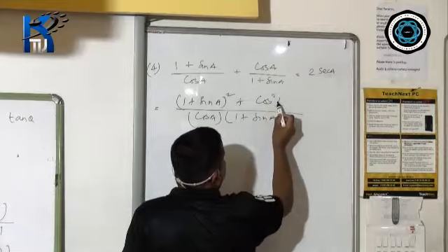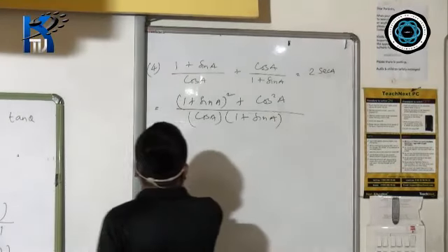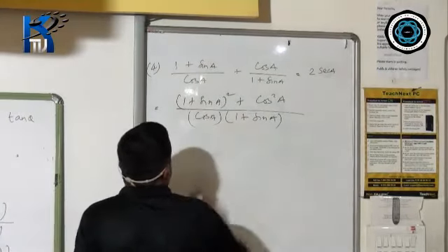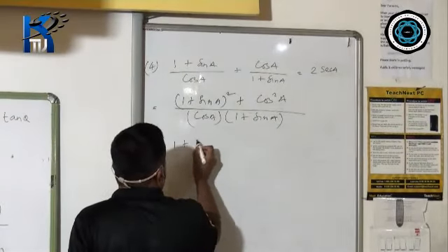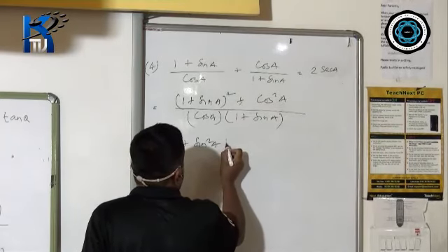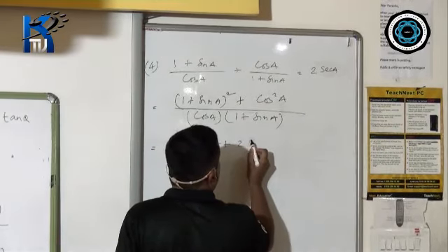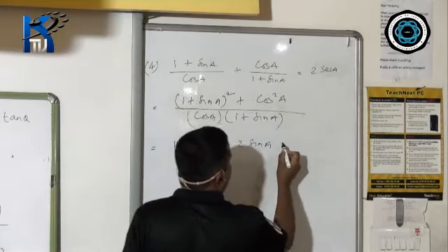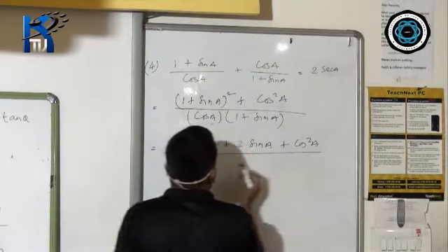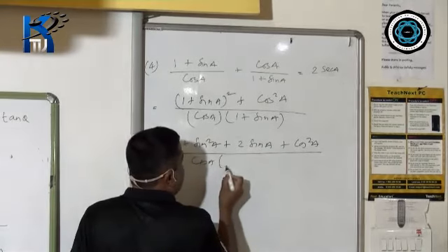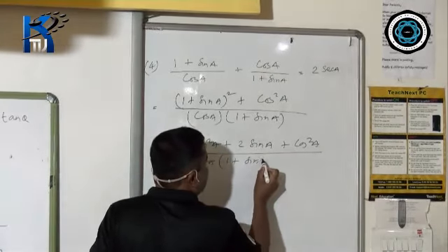Cos into cos is cos square A. Now (1 plus sin A) whole square means (a plus b) whole square, which is a square plus b square plus 2ab, plus cos square A divided by, denominator you copy as it is, 1 plus sin A.